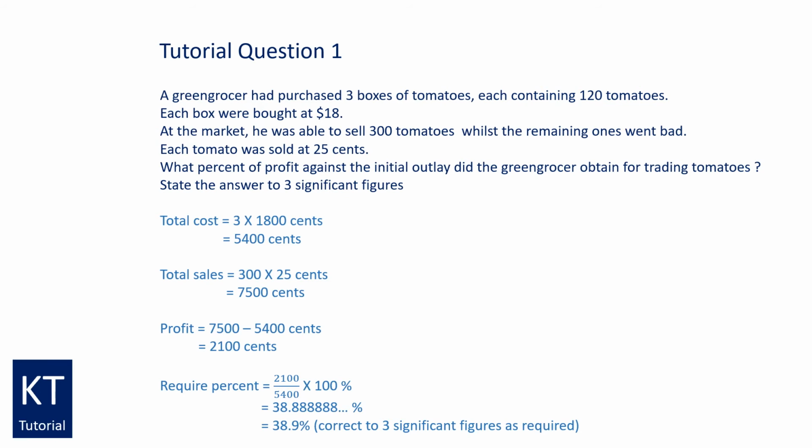With that, we can calculate its profit as being the difference of the two, which comes to 2,100 cents. For the required percent, we would simply divide the profit against the cost and times this by 100% to get to the answer of 38.9%, correct to 3 significant figures as required.